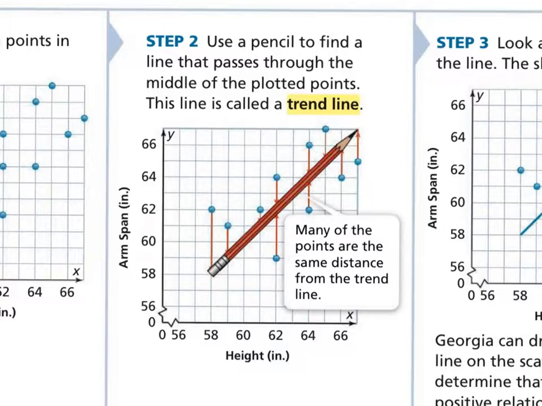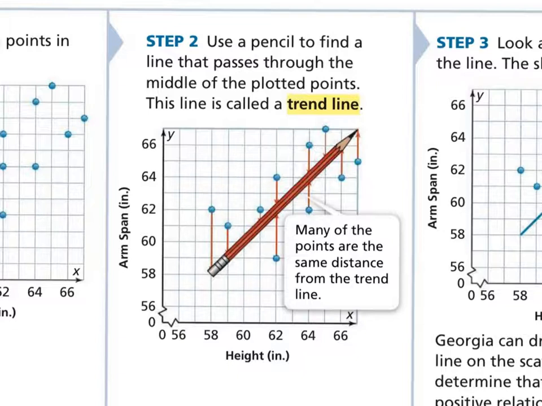So again, real life situation, the points are not all going to be in a straight line, probably. Okay, it's not going to be exactly perfect, but kind of looking at this generally, notice we have some points on the line, some points above the line, some points below the line. That's where we can get that trend line.